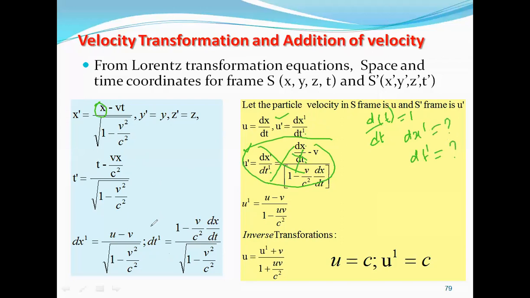How do I calculate it? From equation number 1 and equation number 2, from equation number 1, dx prime equals, so this x becomes dx by dt.